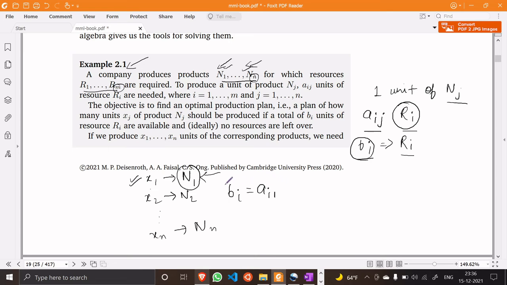So in order to make x1 units of n1, we'll need ai1 into x1 units of ri, right? Because the first subscript denotes the resource number and the second subscript denotes the product number. So for x1 units, it will be multiplied, right? And similarly, in order to make n2, we'll need ai2 into x2 and so on through ain into xn, right?